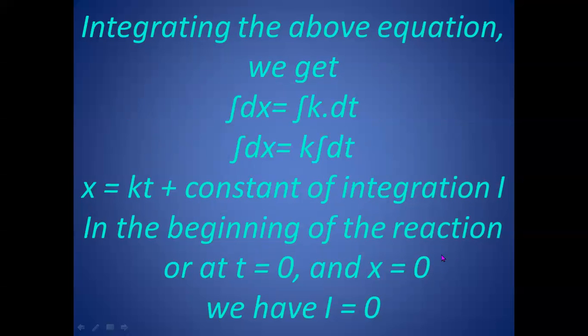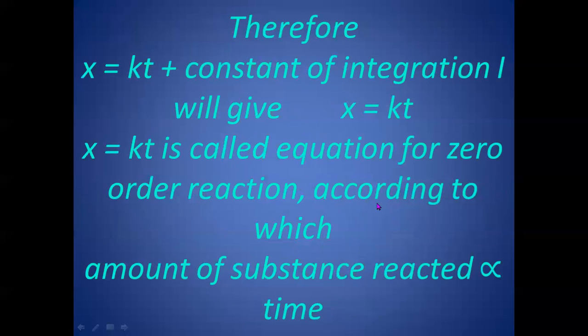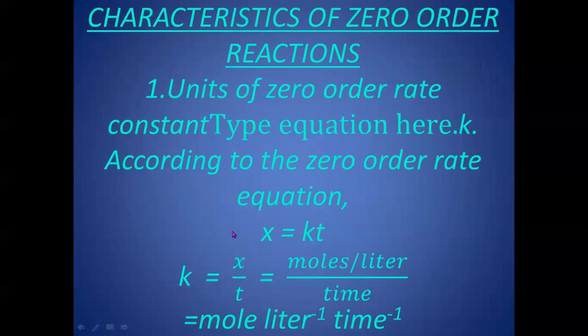Therefore, we can substitute 0 here to get the value of I. Because x is equal to 0 and t is equal to 0 at the beginning, I is equal to 0, and we finally get x is equal to kt, and this is the rate equation for zero order.